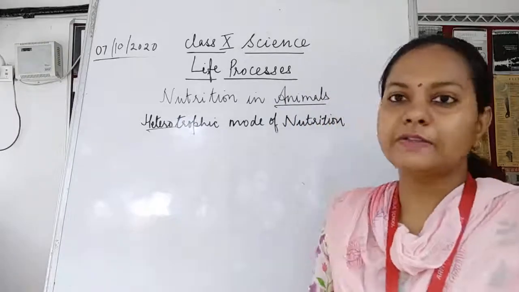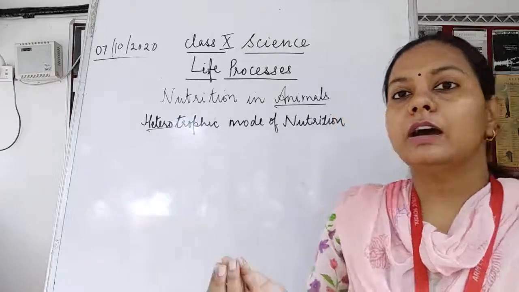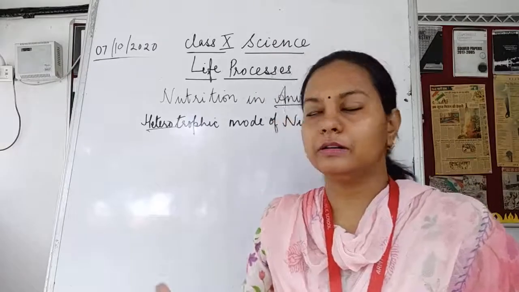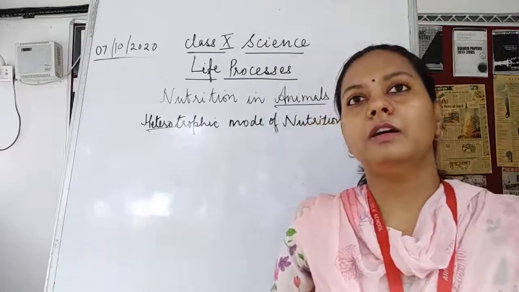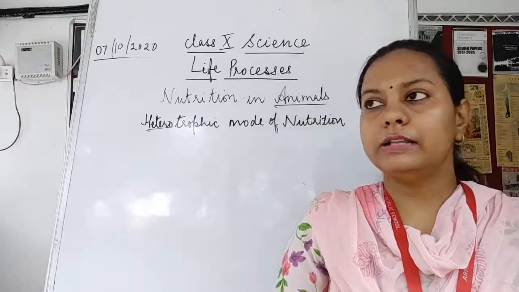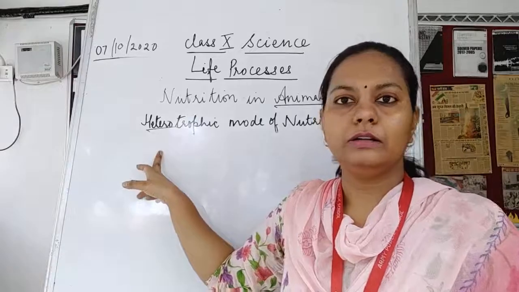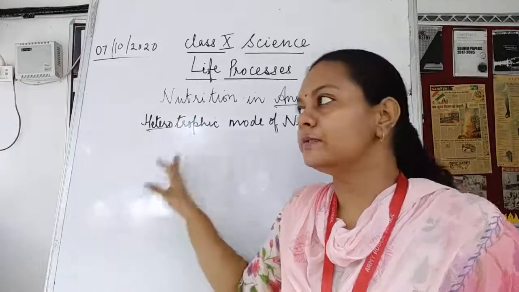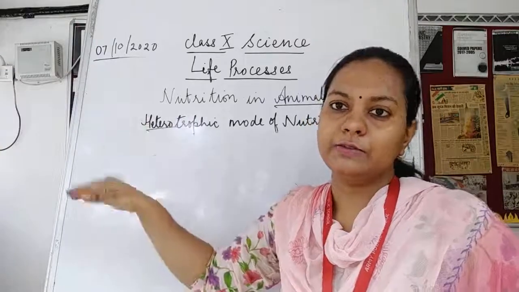But we don't have such chlorophyll, we don't have such coloring pigment in us. For that reason, we cannot get food synthesized inside the body of these animals. So we are dependent upon the heterotrophic mode of nutrition. Heterotrophic mode of nutrition means we are dependent upon the plants for our food, we are dependent upon other animals for our food.